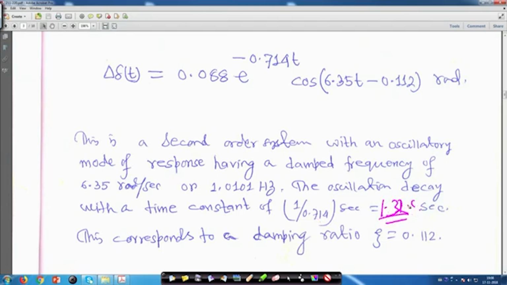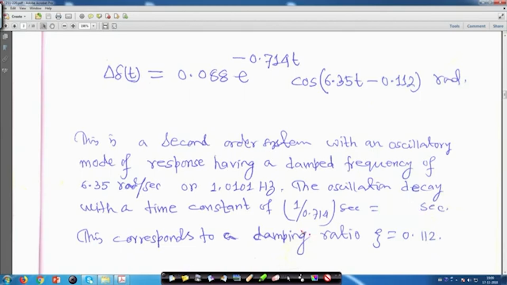I missed putting it in. Because e to the power minus 0.714 t is coming, the time constant will be 1 upon 0.714, roughly 1.32 second. This corresponds to a damping ratio xi equal to 0.112.